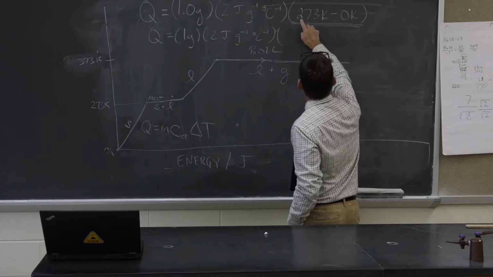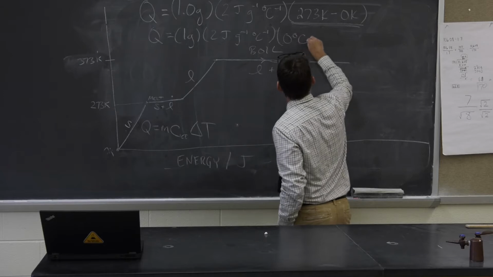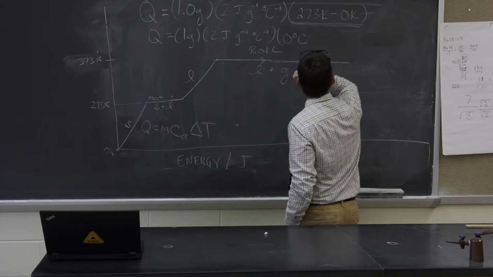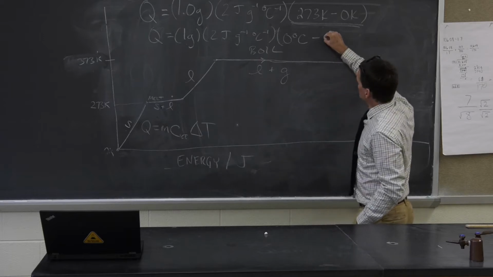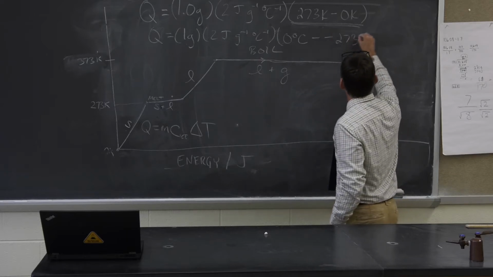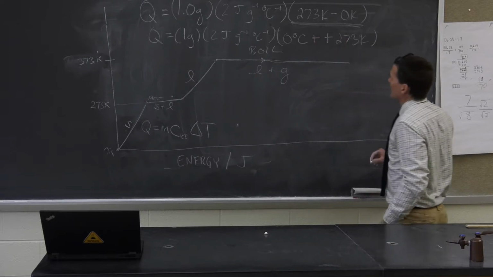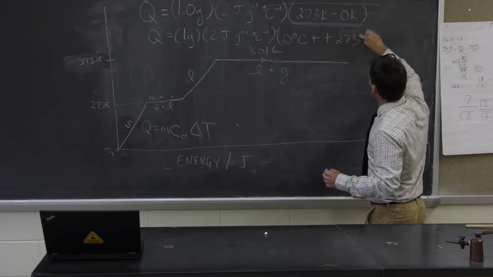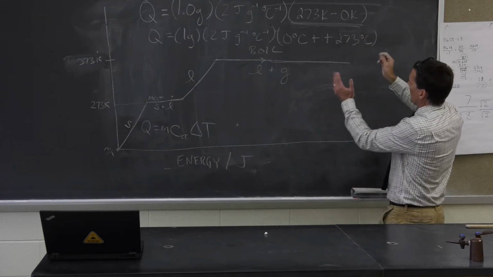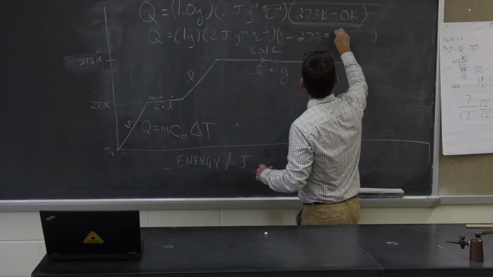So 273 Kelvin, that's 0 degrees Celsius, correct? Yep. And then minus 0 Kelvin, which is negative 273 degrees Celsius. So we're going to add those, of course, and we get a positive 273 degrees Celsius.